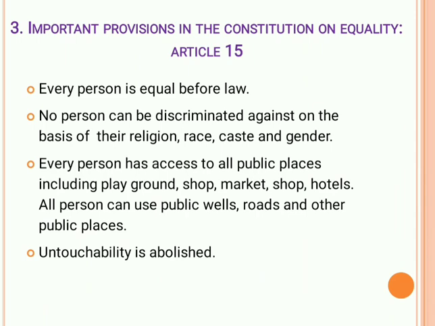Second one, no person can be discriminated against on the basis of their religion, race, caste, and gender. In India, we can find different types of religions: Hinduism, Islam, Christian, Sikh, Parsi, Jain, something like that. We can find a number of religions. Then race, the Dravidians or Aryans, then the caste, the Brahmin, Kshatriya, Vaishya, Shudra, then gender, male, female, or transgender.